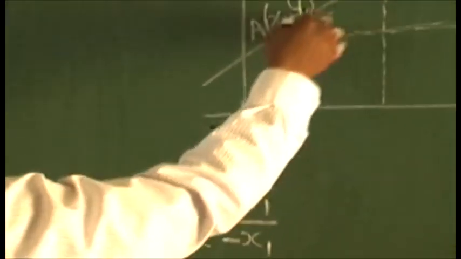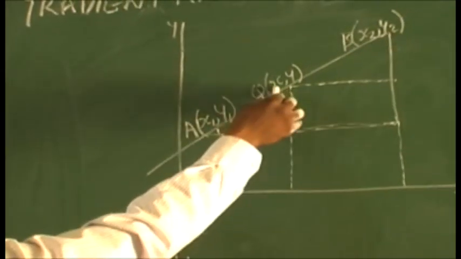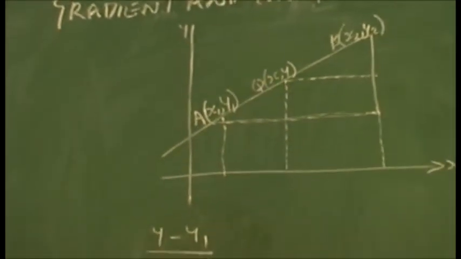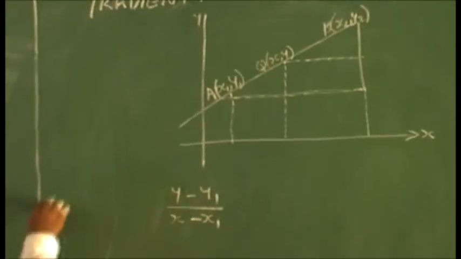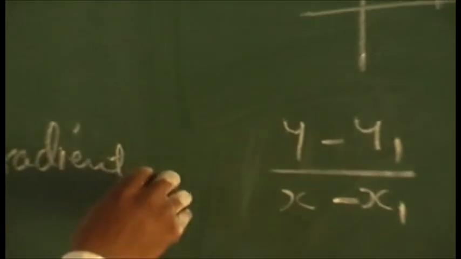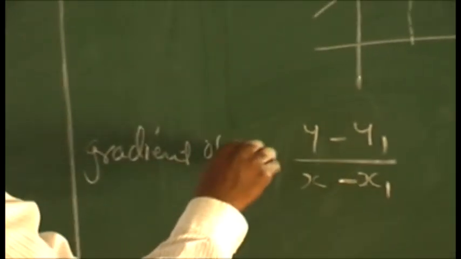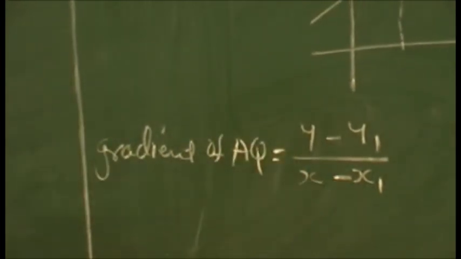If we take the gradient from this place, then it will be y minus y1 all over x minus x1. So we can write that gradient of AQ is equal to this.